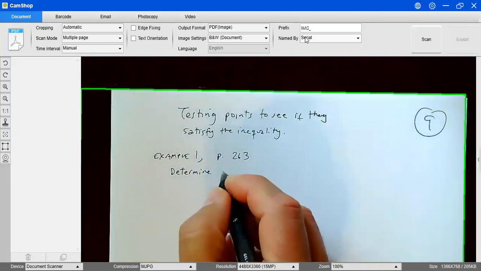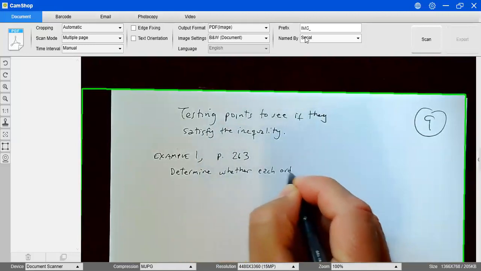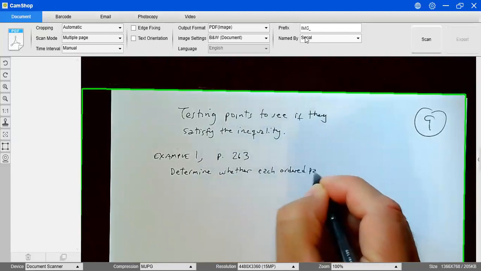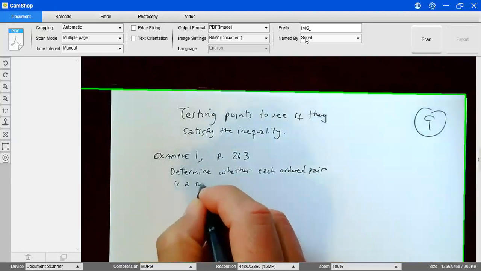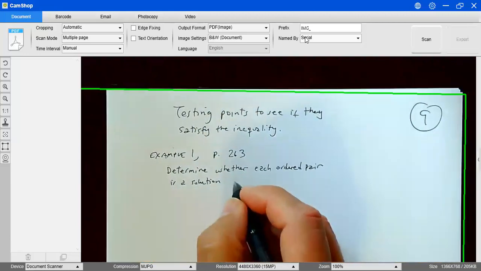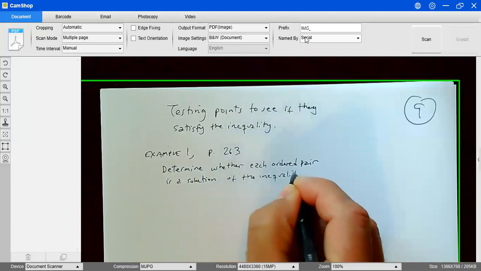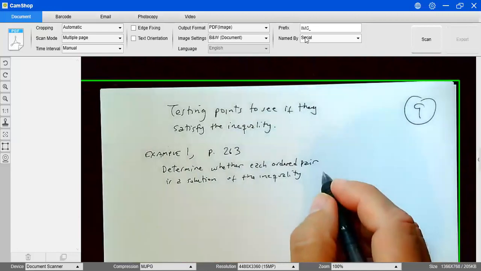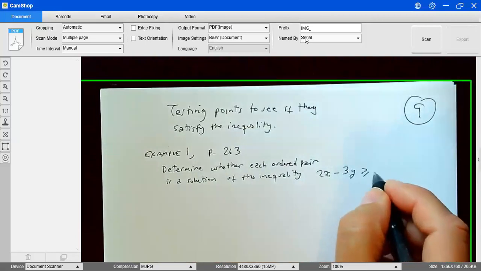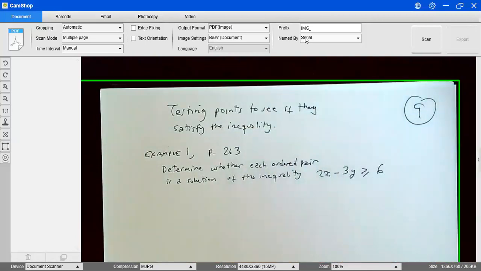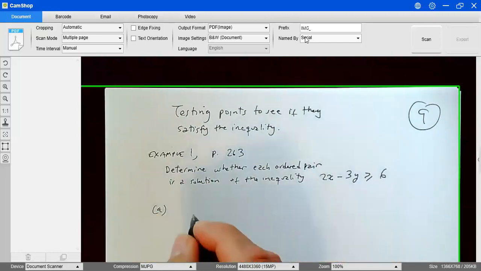Determine whether each ordered pair is a solution of the inequality, and the inequality is 2x minus 3y greater than or equal to 6. So that's the inequality. Then we have the first set of points.